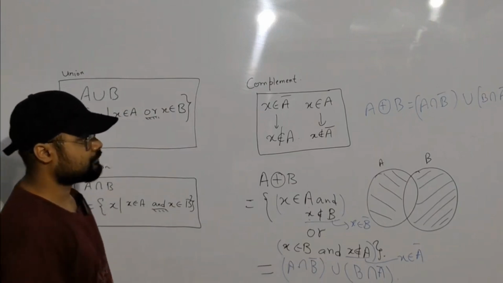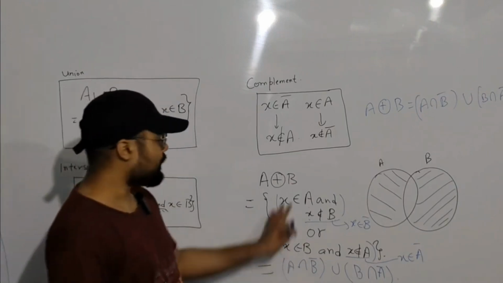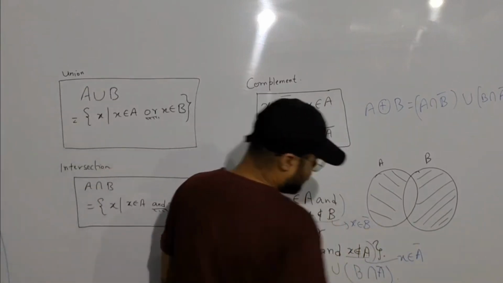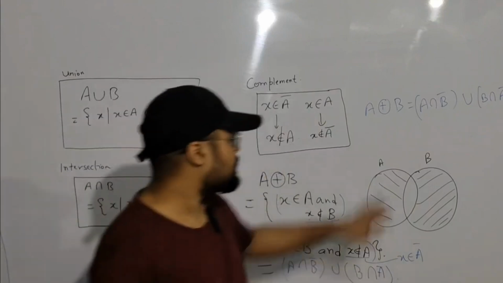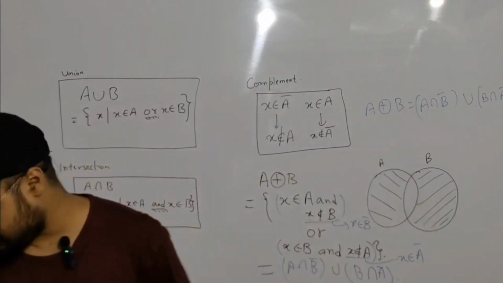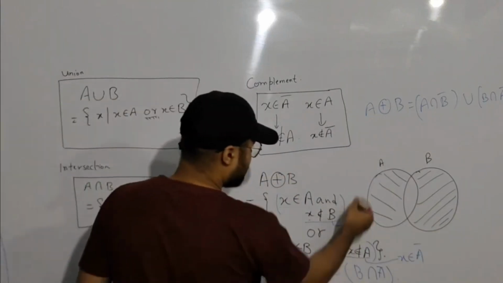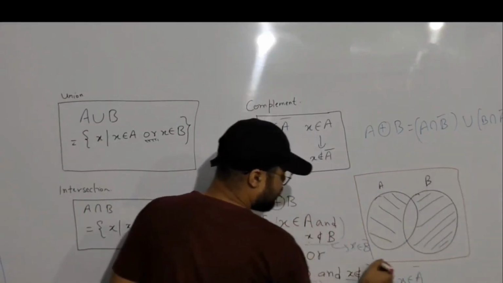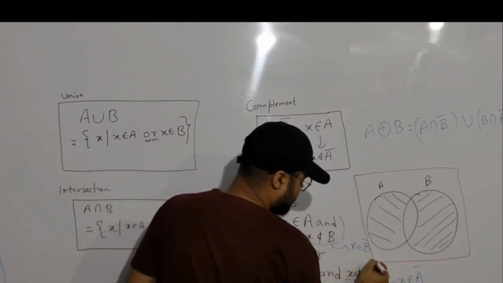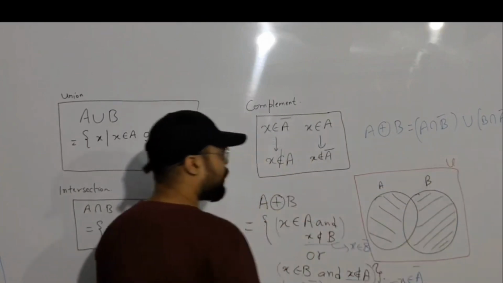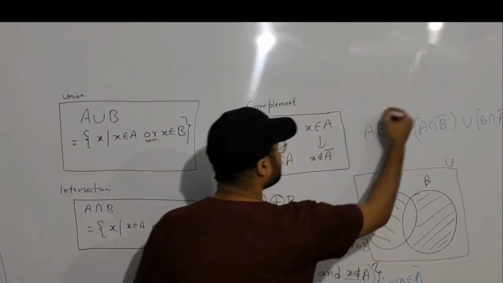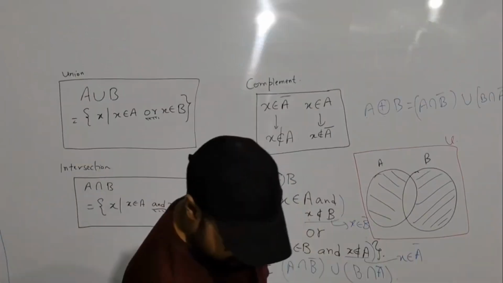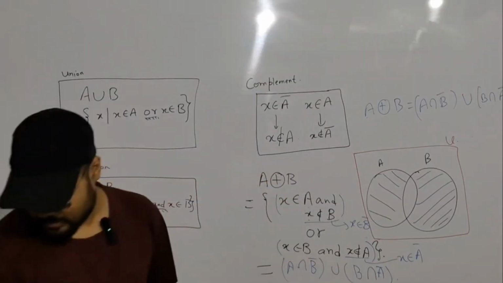Let's do the complement of A symmetric difference B. Okay, so we have the Venn diagram here, so we know what the complement of A symmetric difference B should be. If this is your complete Venn diagram, including the universal set, tell me from the Venn diagram what the region of the complement of A symmetric difference B should be.